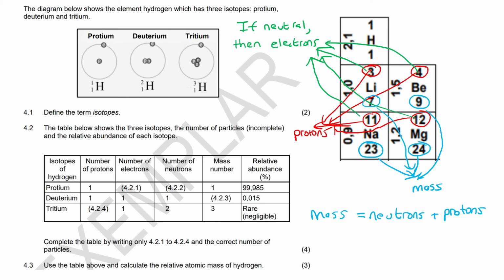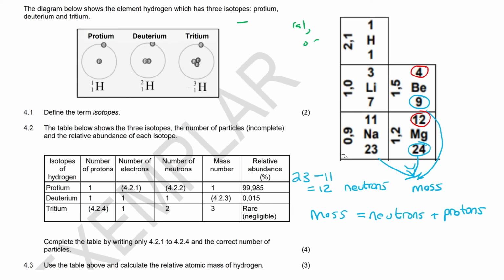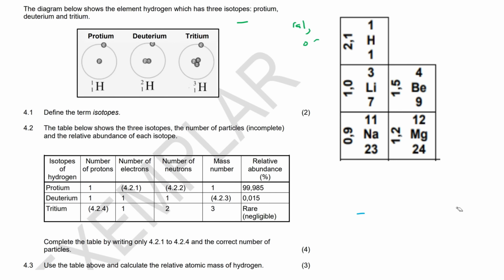So, if I know, for example, that this one over here has 11 protons, then if I say 23 minus 11, that'll give me 12, and that'll have to be the neutrons. So it's got 11 protons and 12 neutrons so that the total mass is 23, right? That's what we've learned up till now. Okay, so now with that, we can go and begin this question and start talking about isotopes. Because the very first question asks us to define the term isotopes. Let's quickly talk about isotopes.